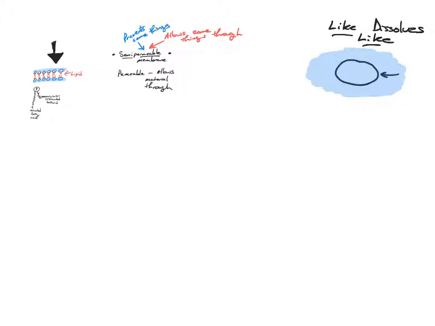So what kinds of things are dissolved in water? If like dissolves like, what do we find in water? Whether it be blood, because blood solvent is water, or it's inside the cell, or it's in your glass of water. What kinds of things are dissolved in water? Stuff that's hydrophilic.